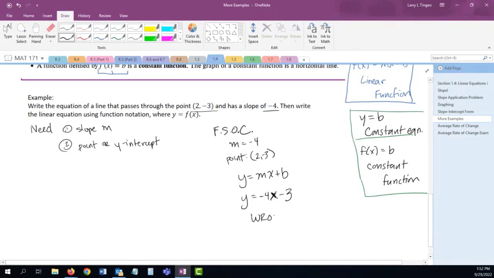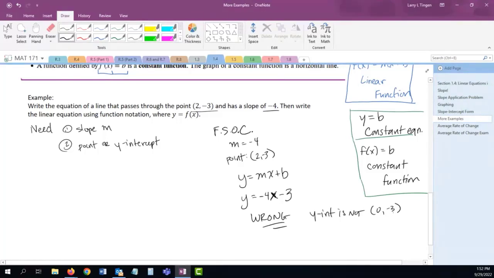So this is wrong. And the reason it's wrong is -4 is the slope. That's correct. The y-intercept is not -3. Is not (0, -3). How do I know that to be true?